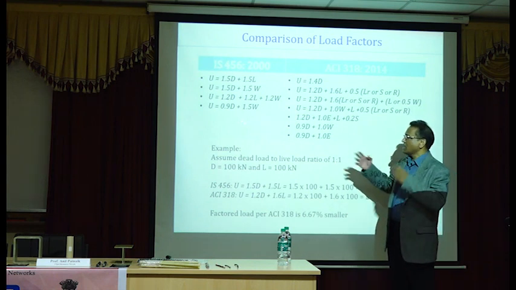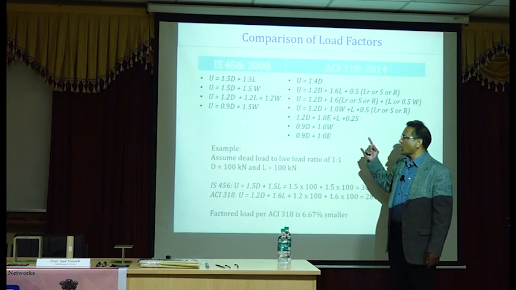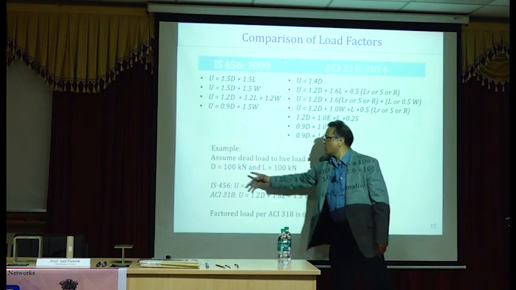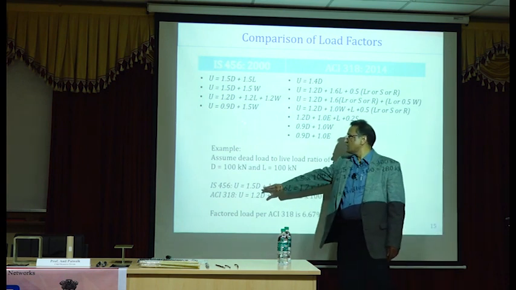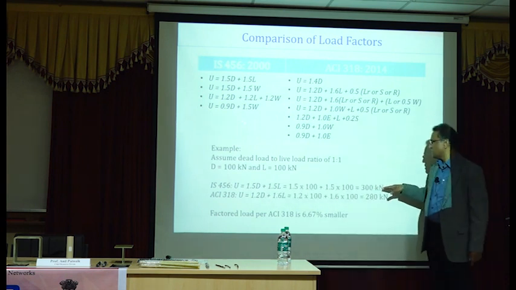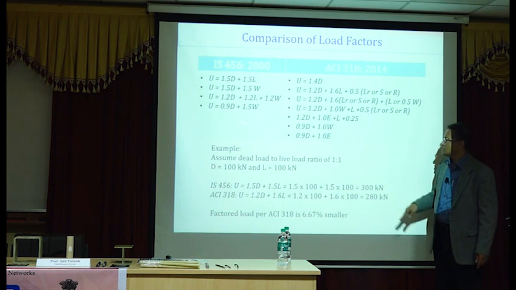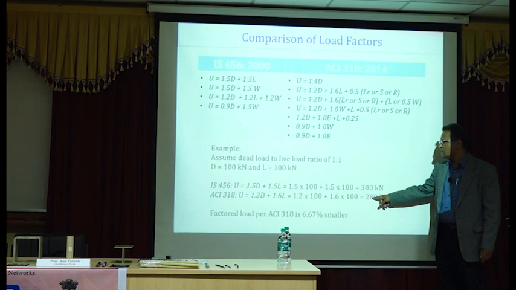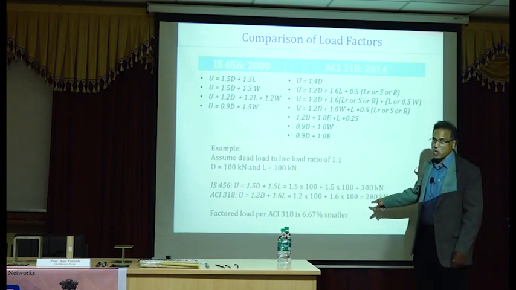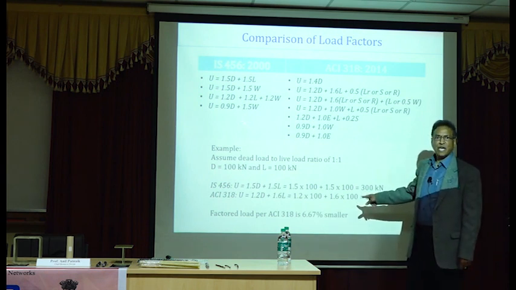So I took dead load 100 kilonewtons, live load 100 kilonewtons. IS 456 will give me 300 kilonewtons of load, and ACI will give you 280 kilonewtons. So you are actually designing for a smaller load using ACI.